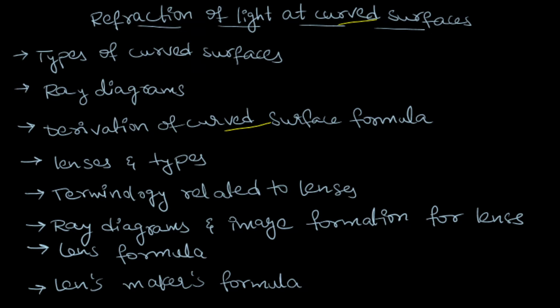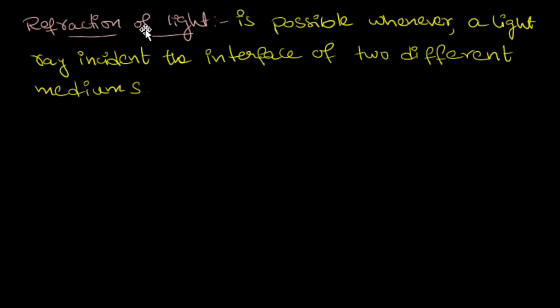And coming to the topic, refraction of light. Refraction of light is possible whenever a light ray is incident on the interface of two different mediums. For example, I'm considering a plane surface. This plane surface divides two different mediums.